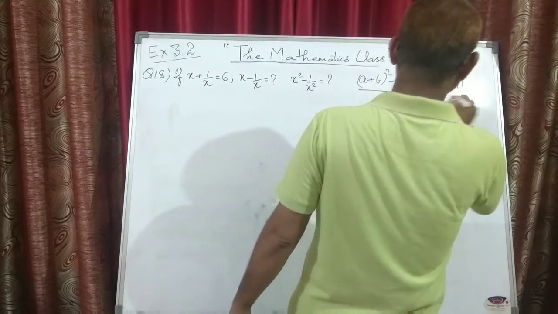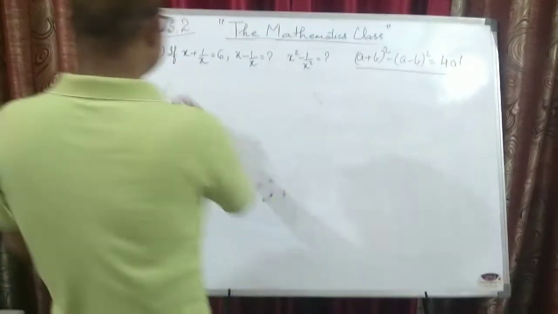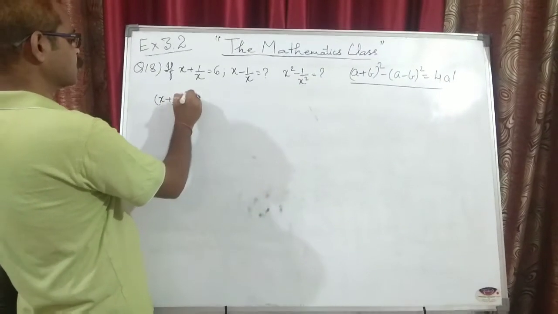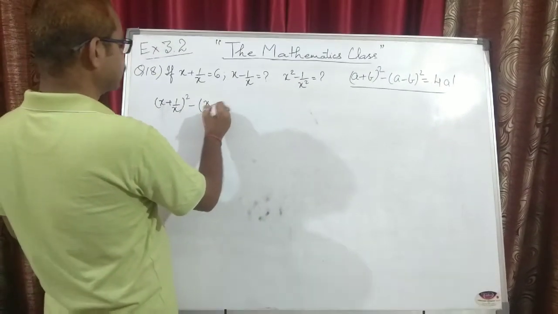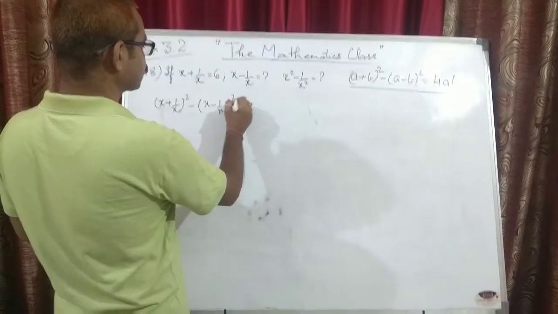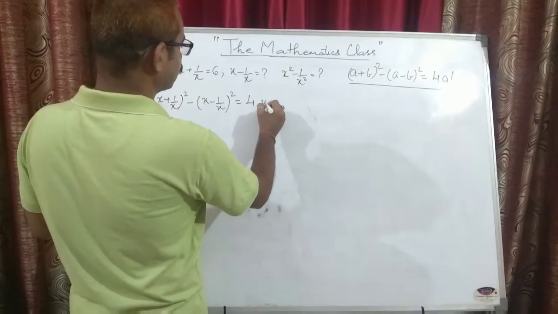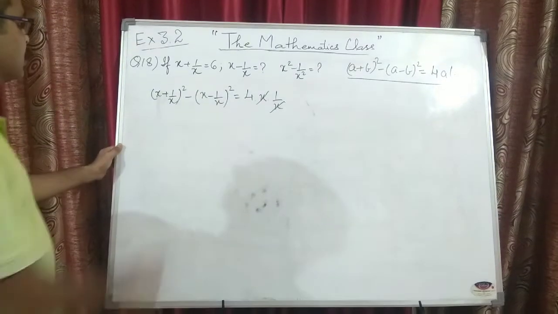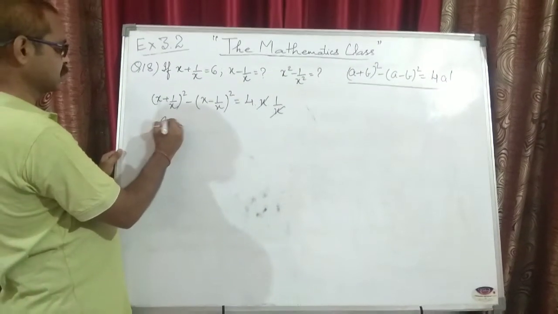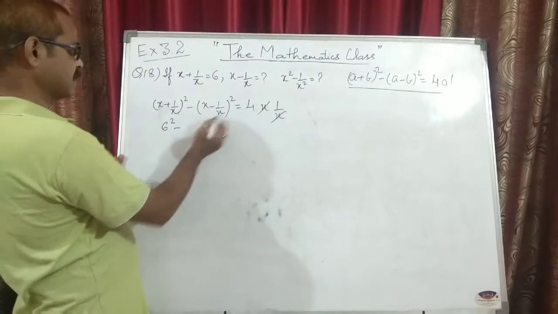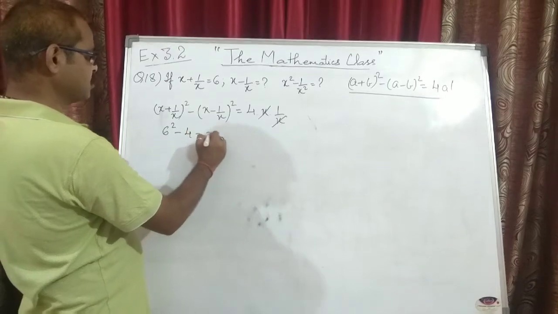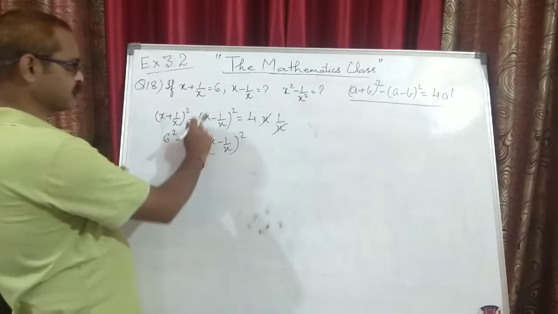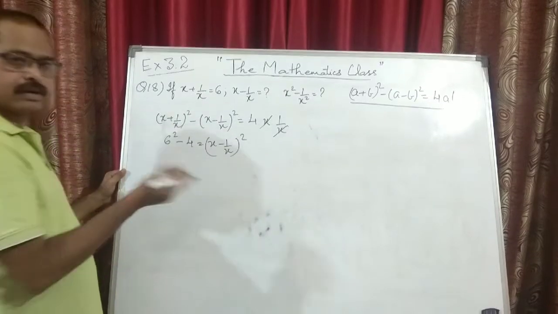So we will be using the same formula, that is (x plus 1 upon x) whole square minus (x minus 1 upon x) whole square is equal to 4 into x into 1 upon x. This x and x cancel, so it is simply 4. Substitute the value. This is 6 square minus 4, is equal to (x minus 1 upon x) whole square. What we did: 4 came to this side and transposed.